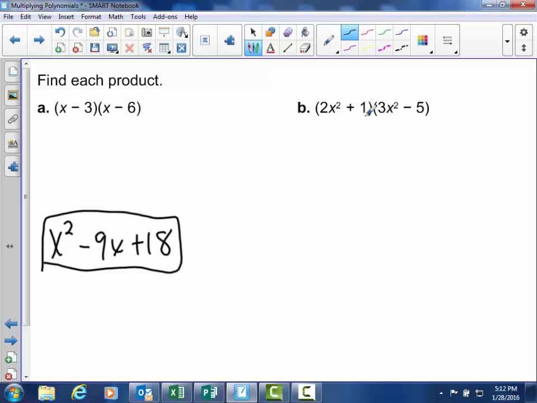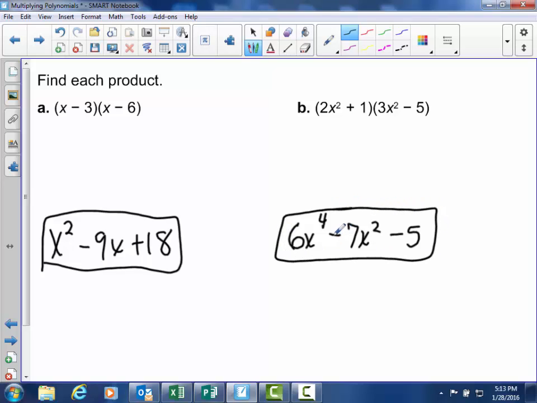Okay, so after you've worked this out, hopefully you got the correct answer of 6x to the 4th power, because we've got 2 and 2, and then you would have had minus 7x squared, and then minus 5. Again, if you did not come up with that answer, ask for help. All right, let's take a look at another.